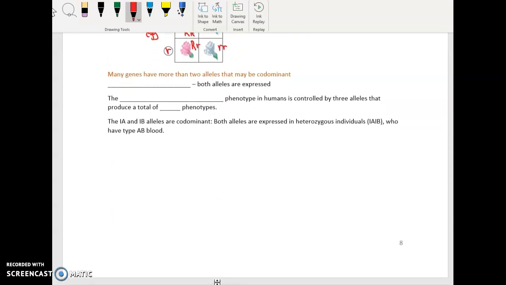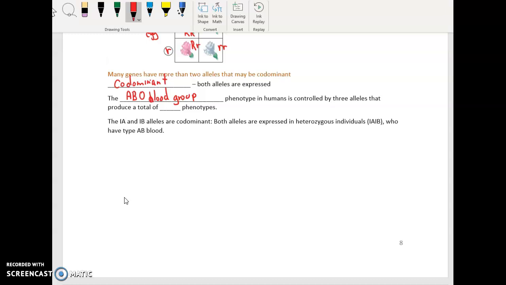Sometimes, instead of being dominant over each other, genes can be codominant. So the A, B, O blood group phenotypes in humans are controlled by 3 alleles, which give us 4 phenotypes.